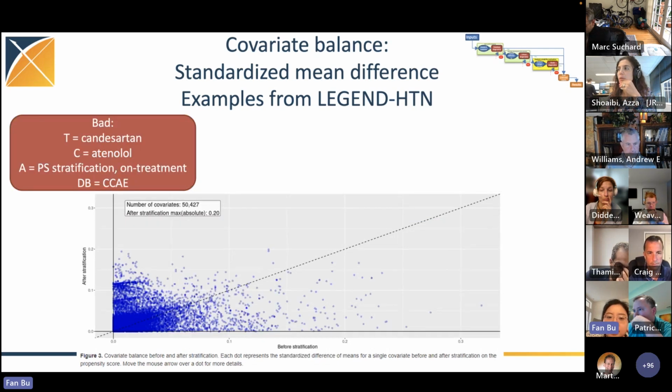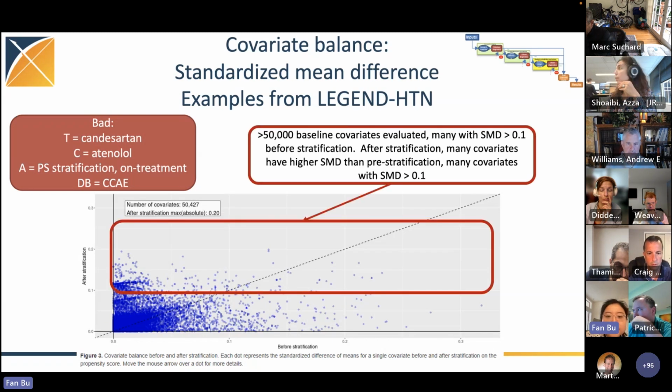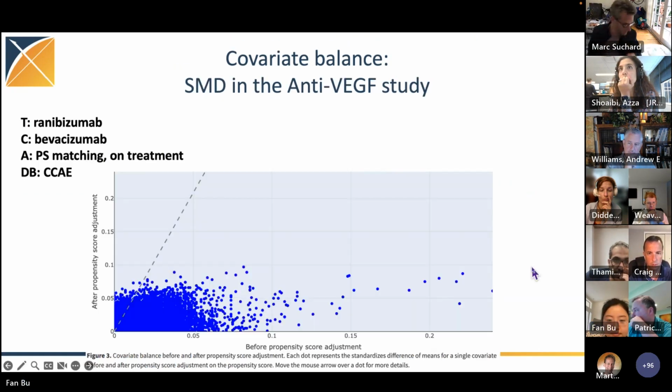And now here would be a case that's not so good. In here, we see that after our adjustment, which in this case is propensity score stratification, there is still a fair amount of covariates with standardized mean differences above 0.1. So our adjustment strategy is not doing very well in balancing out the covariates between the two cohorts.